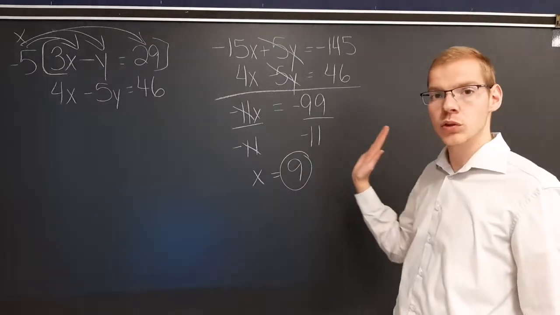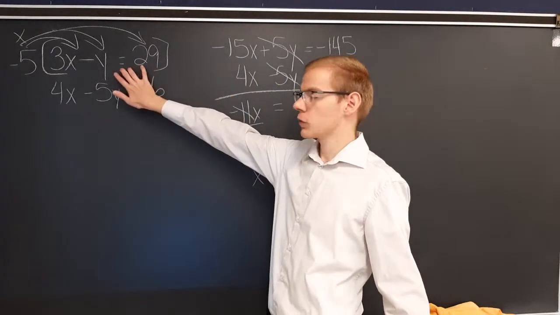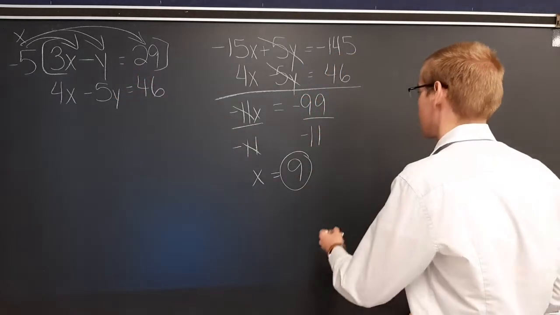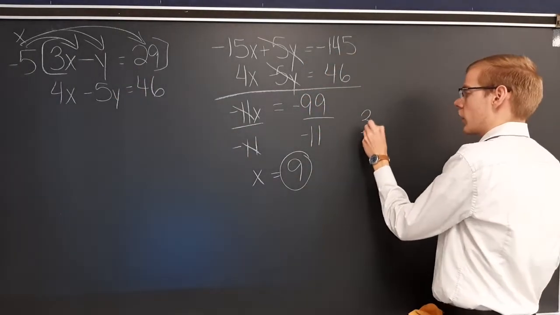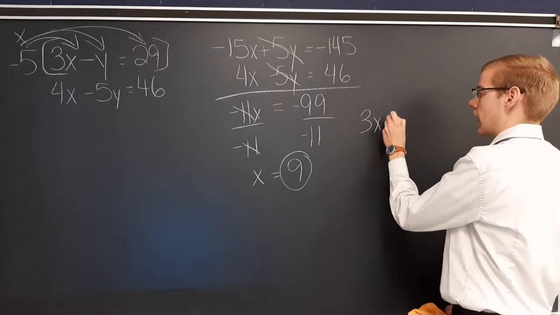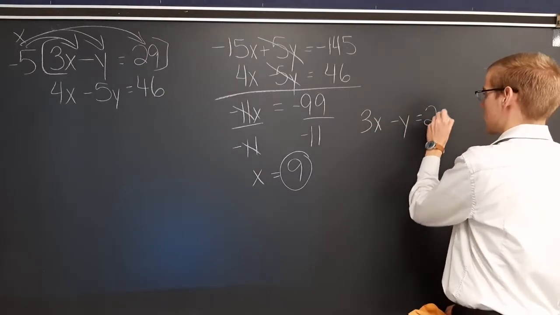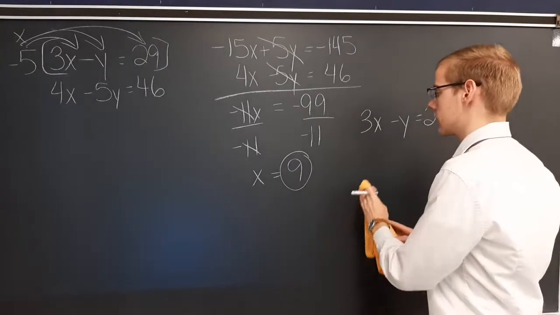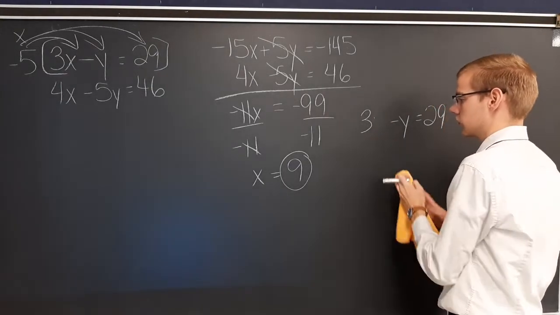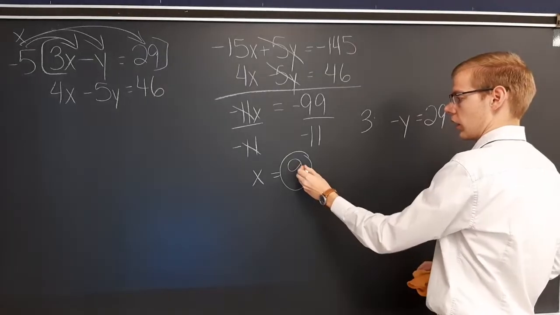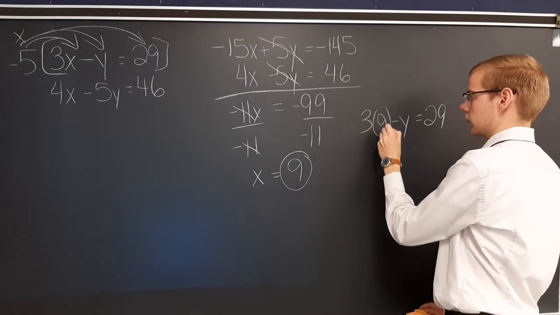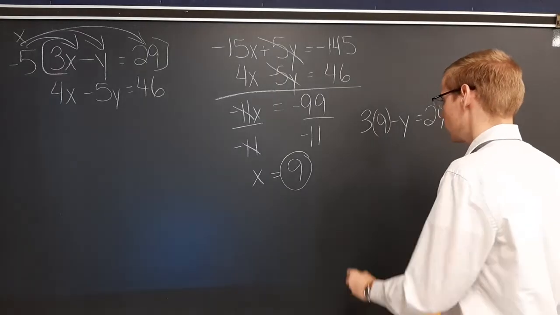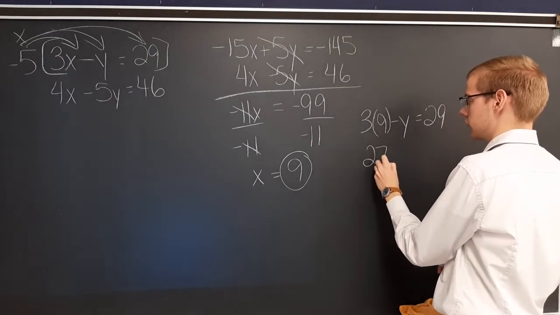Now we go back to our original first equation, which is 3x minus y equals 29. Now, instead of having our x here, put the 9 in there. So 3 times 9 is 27.